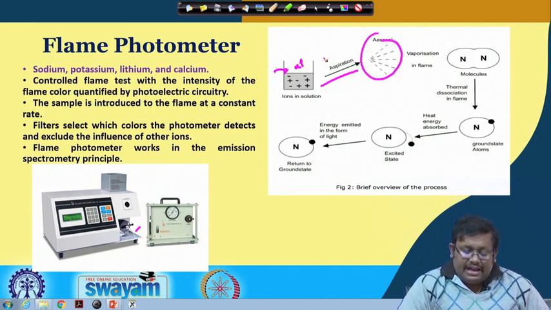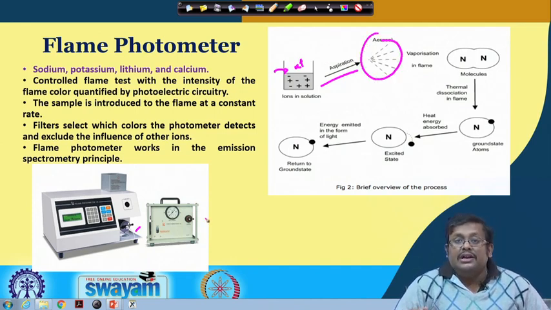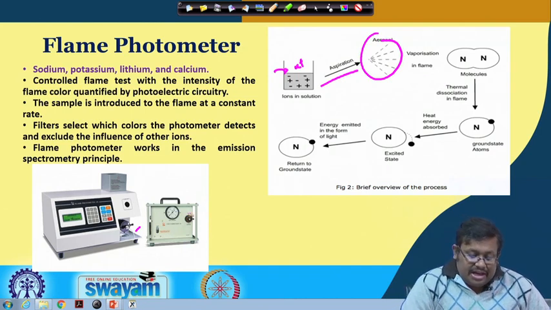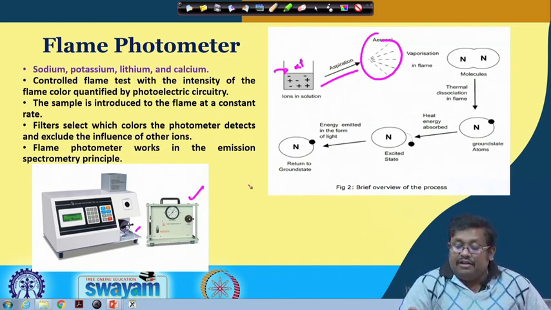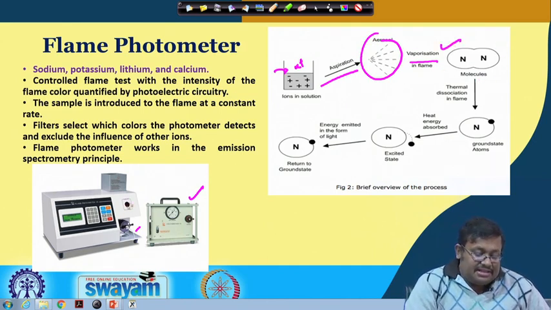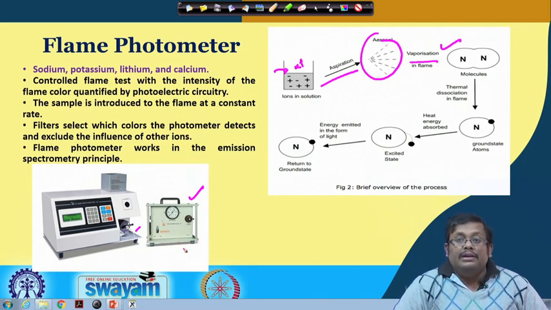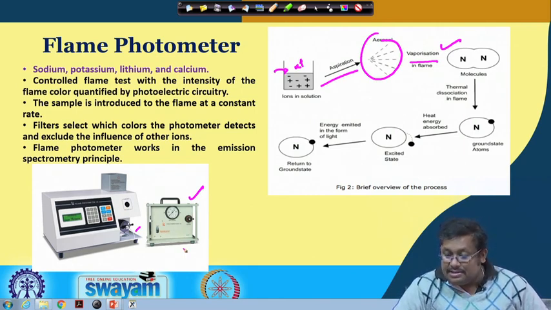For creating the aerosol you need air, so air is inserted from outside through this air pump. This aerosol will be further vaporized in contact with a flame, and the fuel for this flame is basically LPG, or liquid petroleum gas.